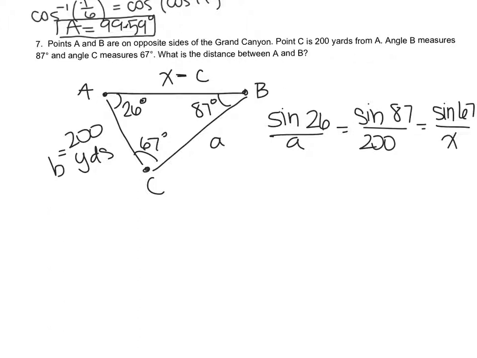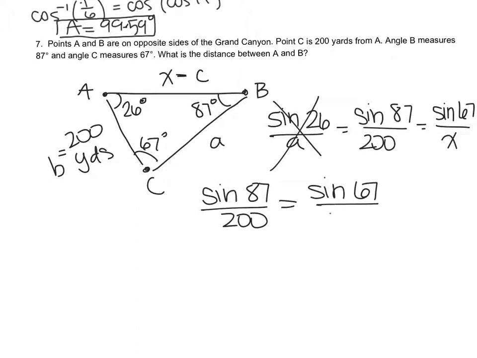So we want to use the ratio that we're solving for and the one we're given. So we're not going to use the sine of 26 over a. So we're going to set it up as using sine of 87 over 200 equals sine of 67 over x. Go ahead and cross multiply.